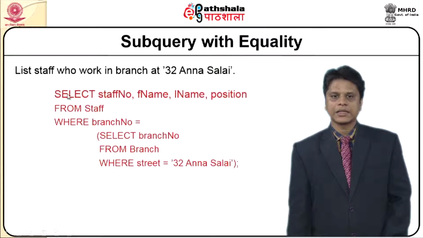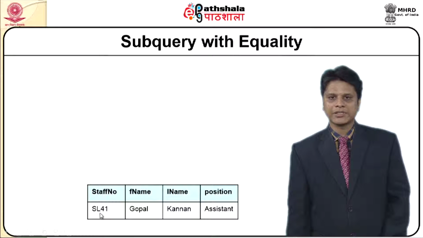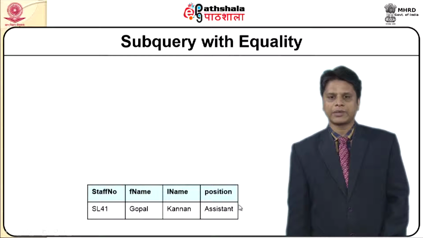Select staff number, first name, last name and position from staff table, where the branch number is equal to select branch number from branch table, where street is equal to the same as indicated in the query. So now a person who was working on that particular street alone will be retrieved.